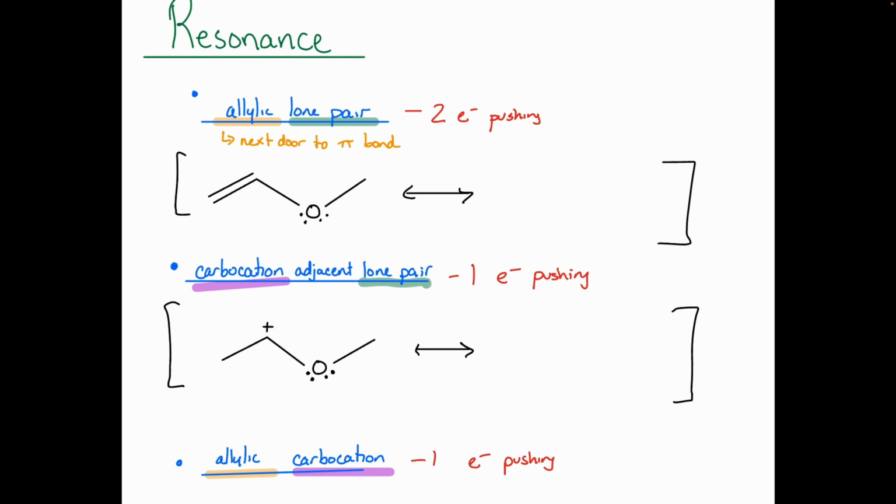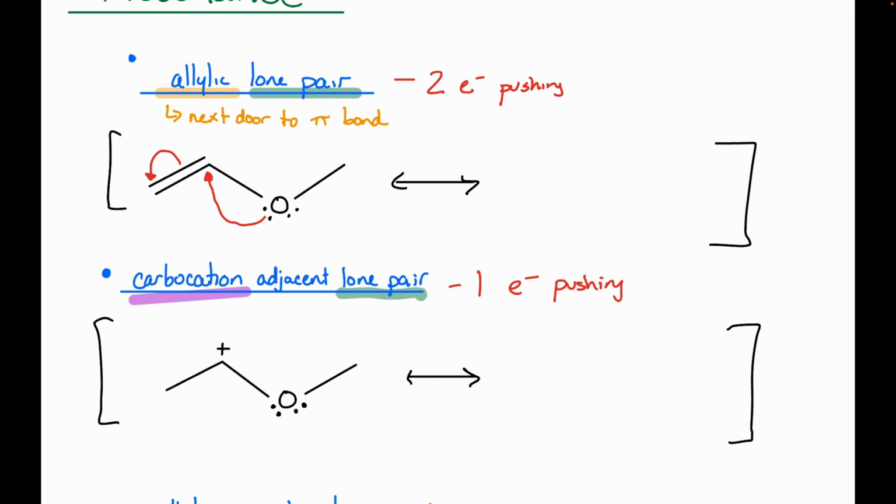That lone pair is going to come down into the p orbital of that pi bond. I need a second arrow though. I can't stop there or I would be breaking that carbon's octet. That pair of electrons needs to jump up onto that carbon. So I have both a bond formation and a bond breaking arrow in my allylic lone pair resonance here.